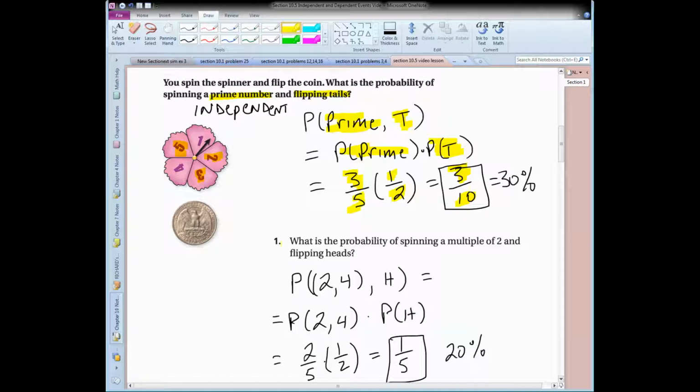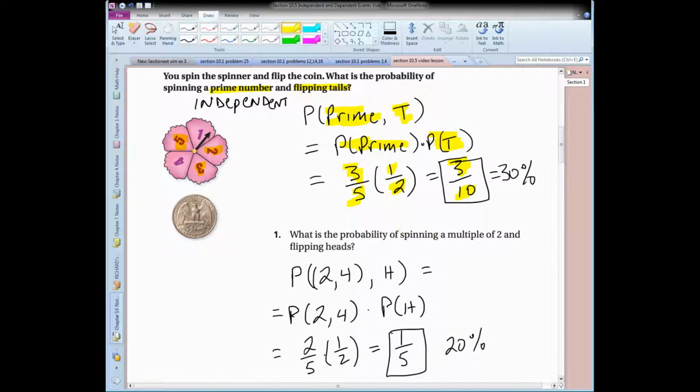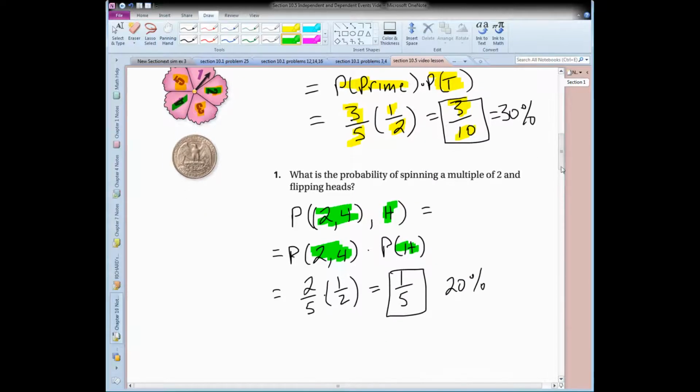Let's look at this problem here. What's the probability of spinning a multiple of 2 and flipping heads? The multiples of 2 would be 2 and 4. So I want to find the probability of spinning one of those two and getting heads. All I do is break it down: the probability of spinning a 2 or a 4, multiplied by the probability of flipping heads.